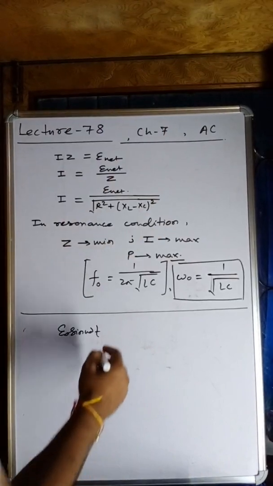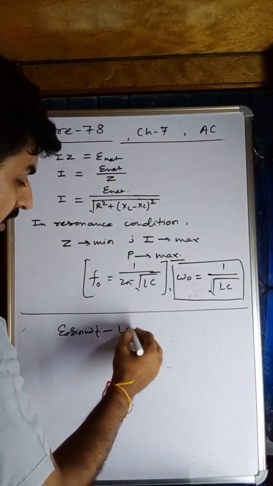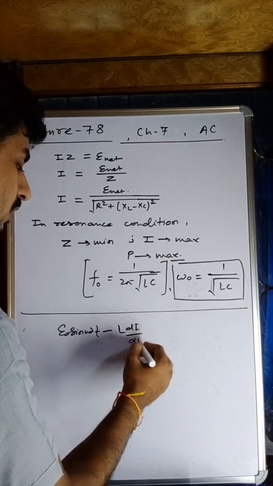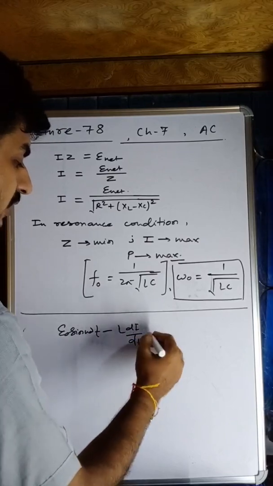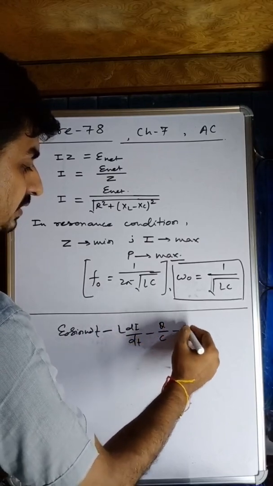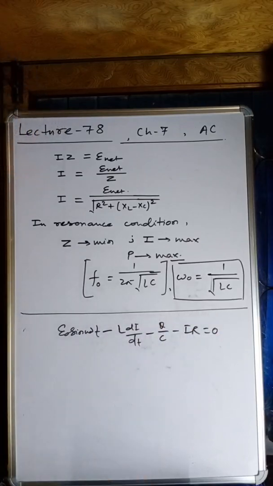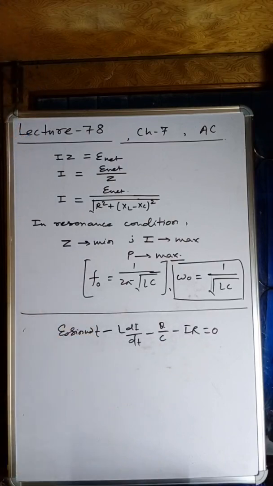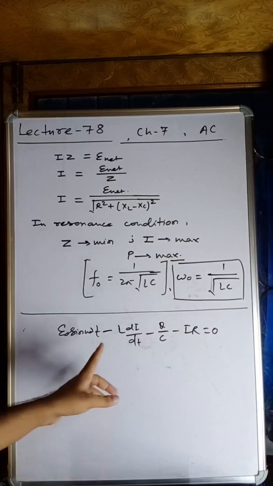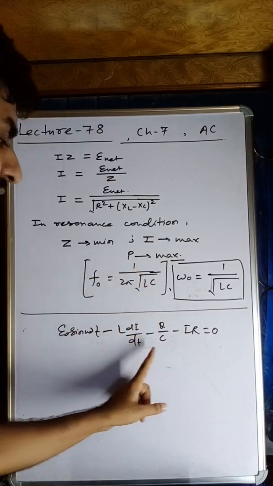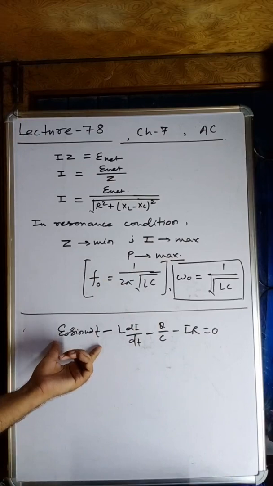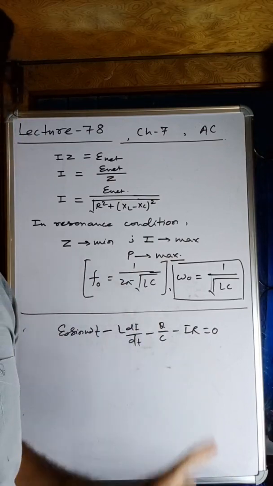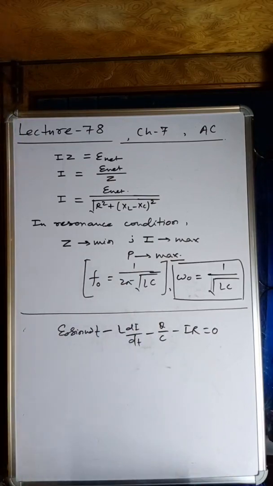That is E0 sine omega t minus L di by dt minus Q by C minus IR equals 0. If you are thinking from where Sir has written this equation, try to recall, in a series circuit we have three things, that is L, C and R. It means the total voltage drops across these three devices only. Alright, so we can write this equation.